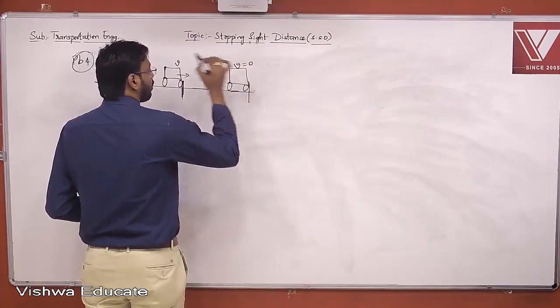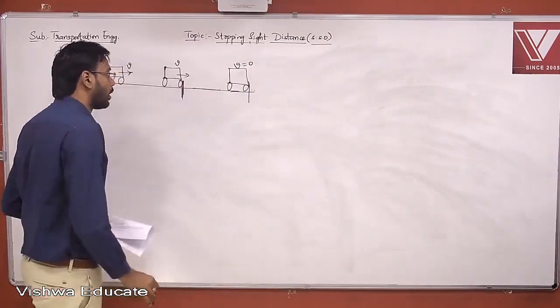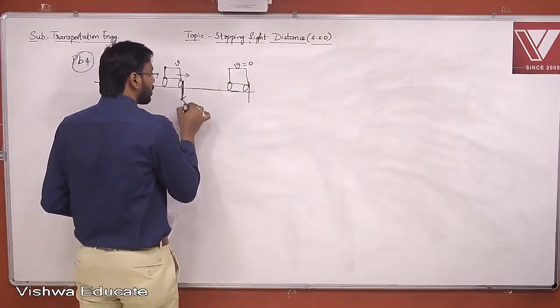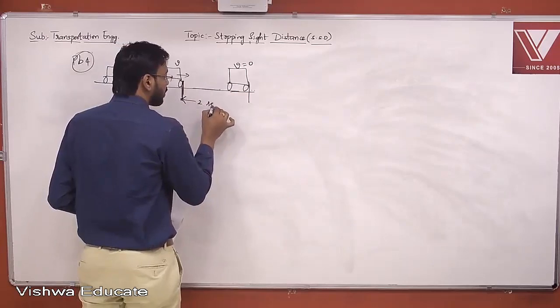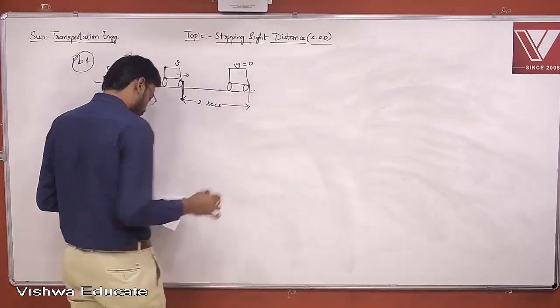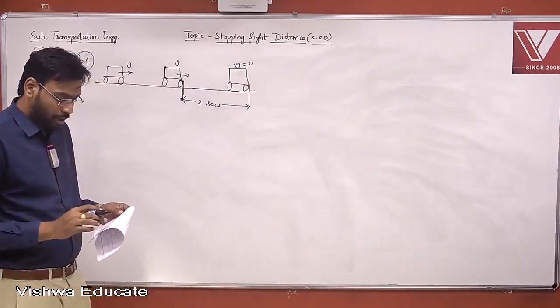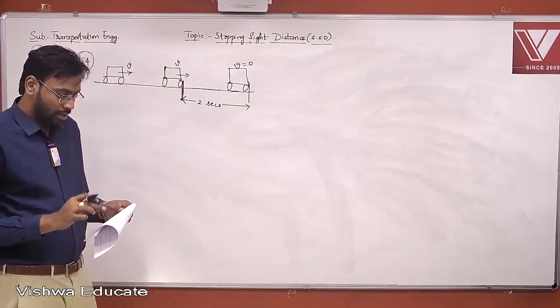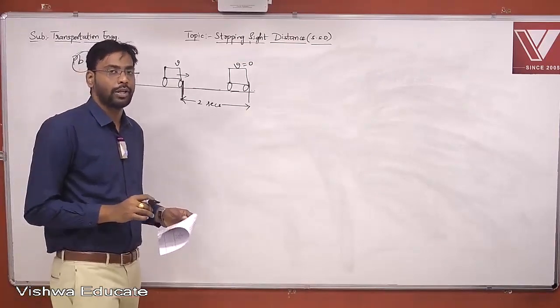So here the velocity is 0, and I have stopped my vehicle in just 2 seconds. And he has also given that the skid resistance measured was 9.8 meters.